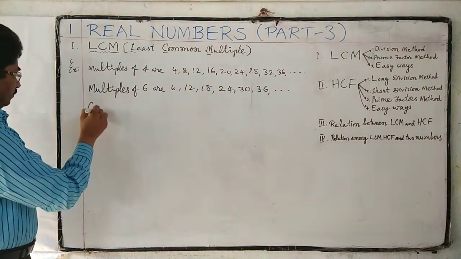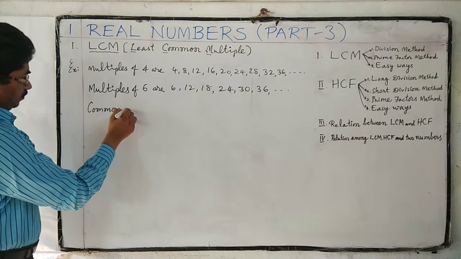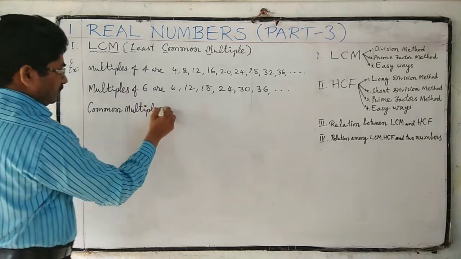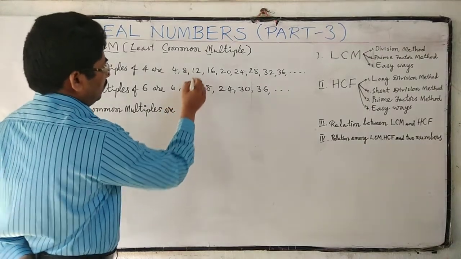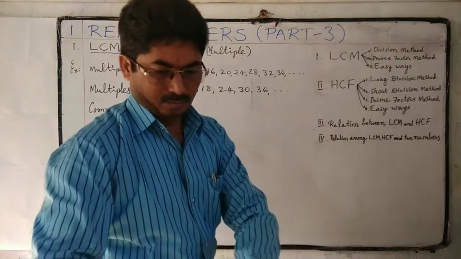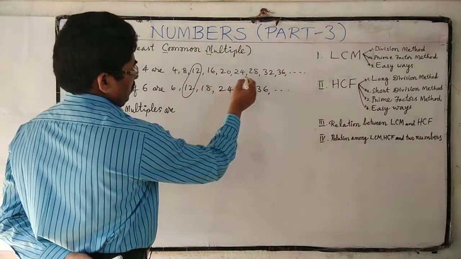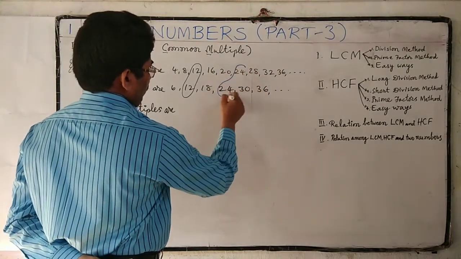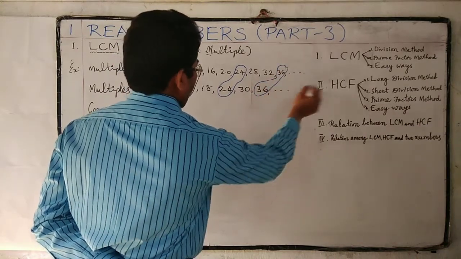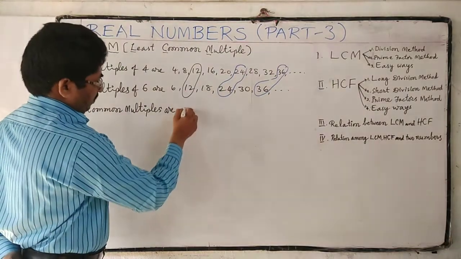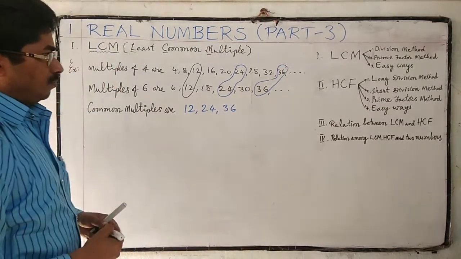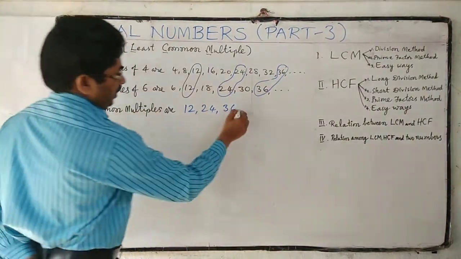Common multiples are 12, 24, 36 and so on.